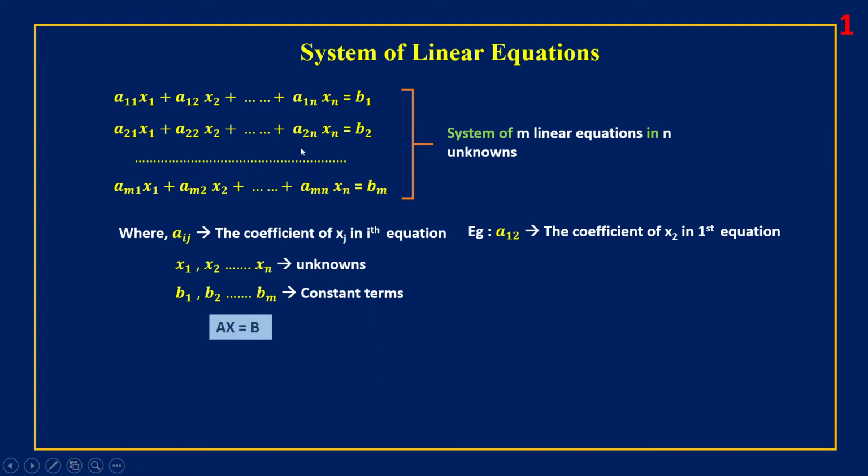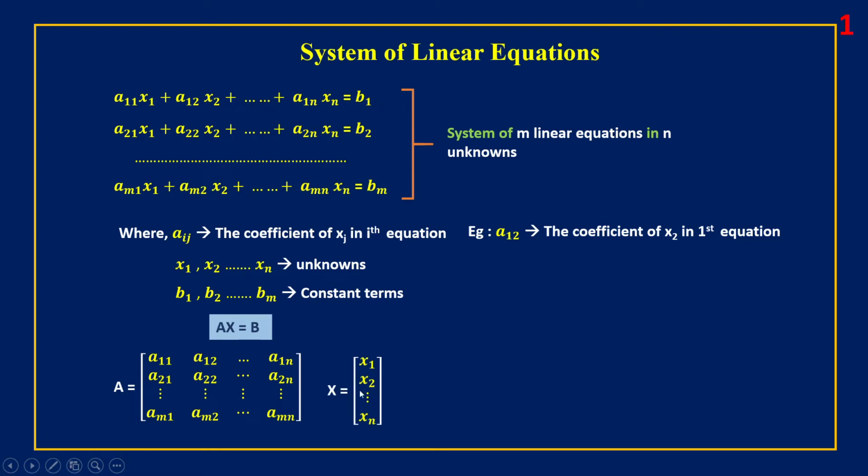This linear non-homogeneous system can be represented as AX equal to B, where A is the array of coefficients of unknowns. a11 to amn are the coefficients of the unknown variables. So A is a matrix of coefficients, otherwise called the coefficient matrix. X is the column matrix which consists of the unknown variables x1, x2 up to xn, that means n unknown variables.